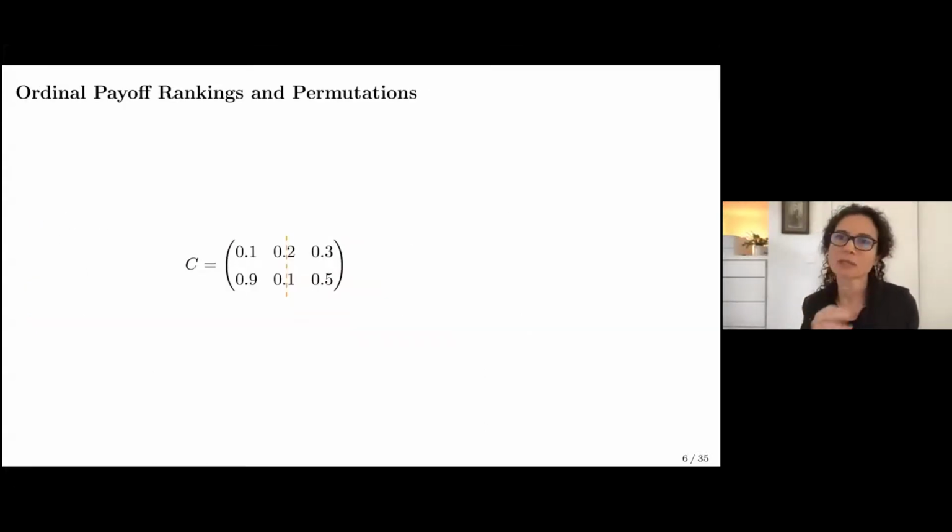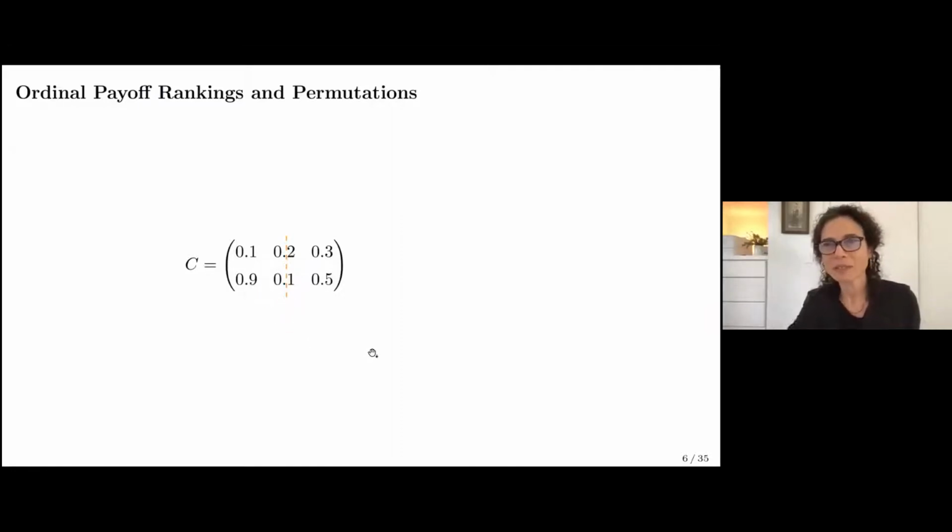Now, this is kind of important, and let me show you a link which will be useful in how we generate these games between ordinal payoff rankings and permutations. So think about this silly example where we're looking at the payoff matrix of column. Clearly the middle action is dominated for column because it generates payoffs that are coordinate-wise lower than the third action. Now, what matters here is really just the ranking of payoffs.